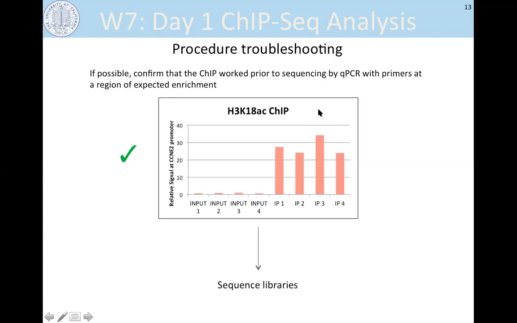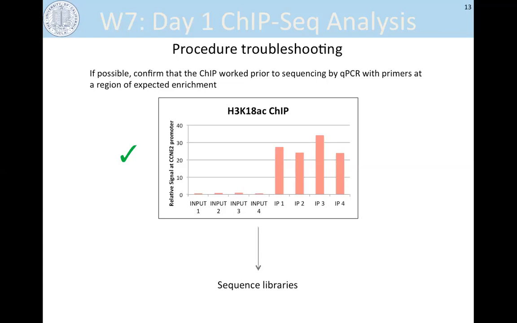So with this ChIP, I did qPCR prior to library construction. I used primers designed at the cyclin E2 promoter. And by doing this, I confirmed that I had enrichment in the IPs, or the ChIP samples, over inputs. So that gave me confidence that the ChIP did in fact work, so I could submit it for sequencing libraries.